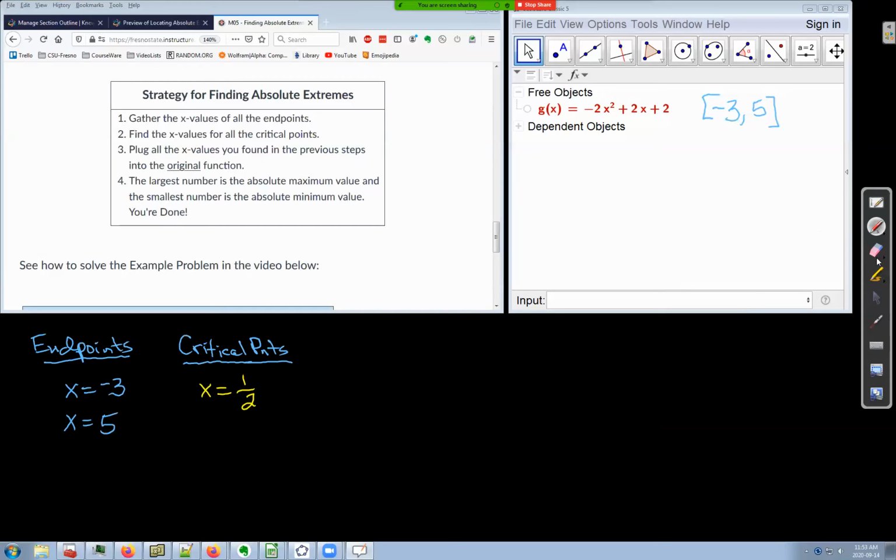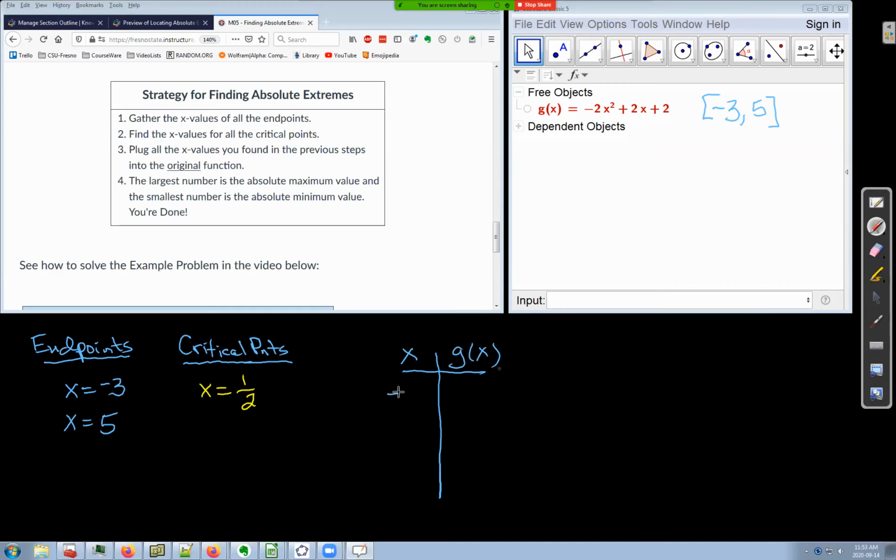Now I just plug all of these numbers into the original function. I'm going to make a table: here's x, and here's g of x.